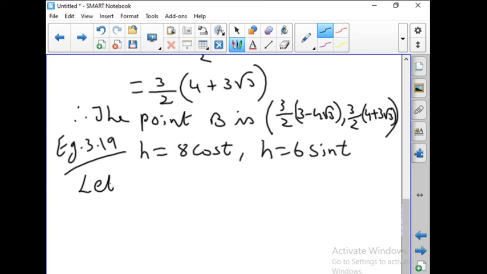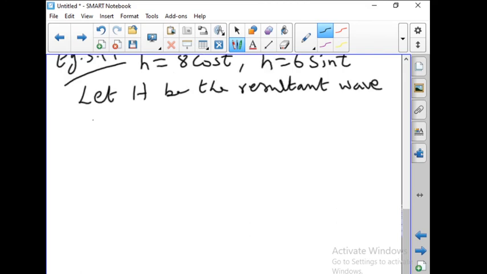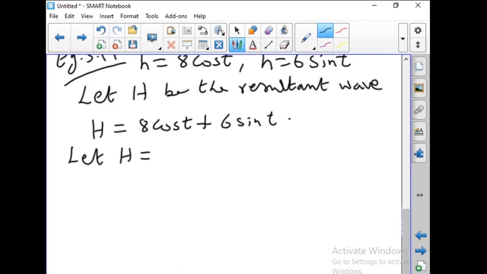So let H be the resultant wave. Resultant means we have to add both the waves. So H is equal to 8 cos t plus 6 sin t. Now we'll take this as, so let H is equal to k into cos of t minus alpha.